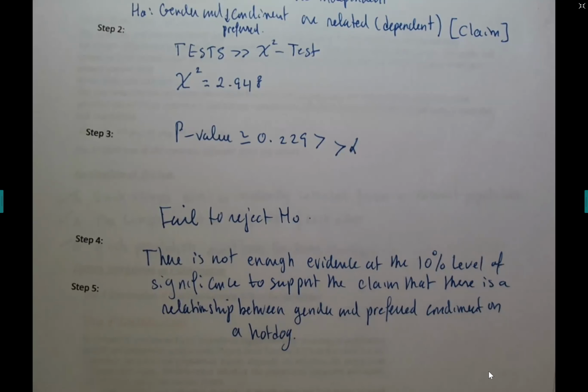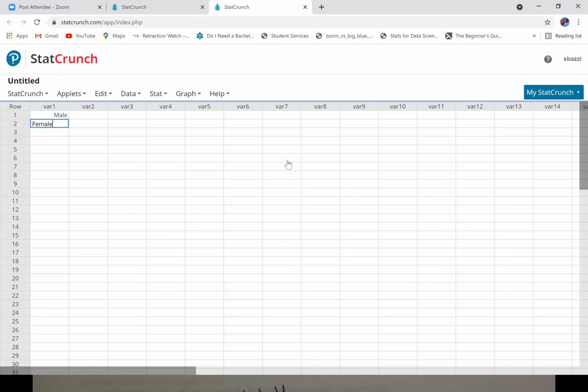All right. So in order to use StatCrunch to do the independence test, you have to recreate the same table in the StatCrunch. So we have male, female. Then right here, you have ketchup. And then you have mustard.